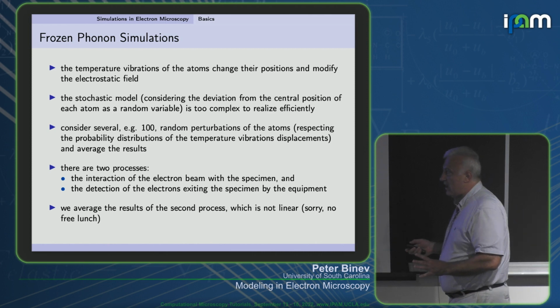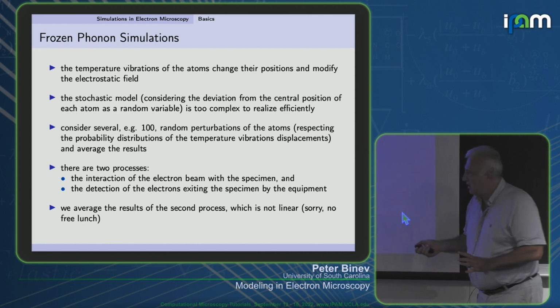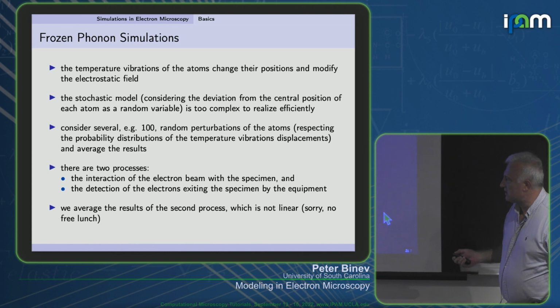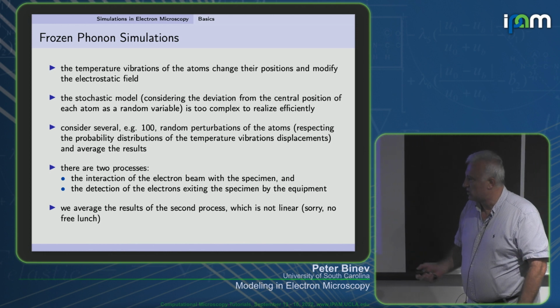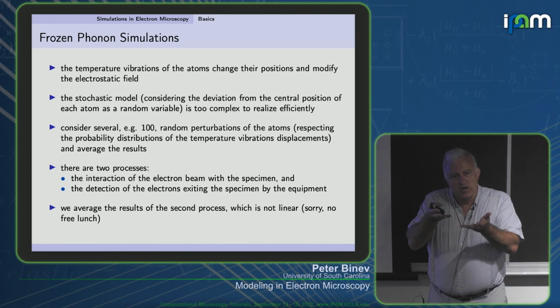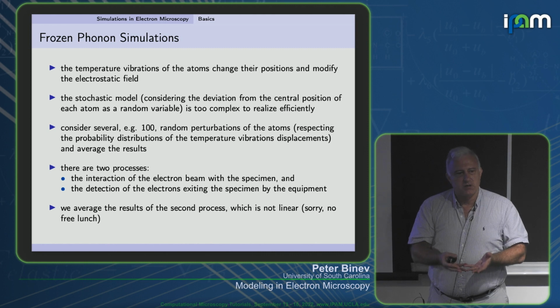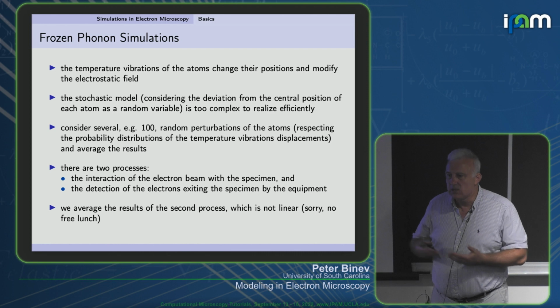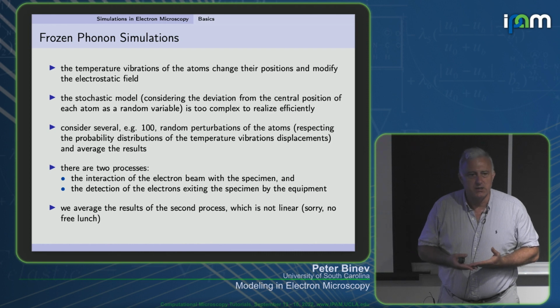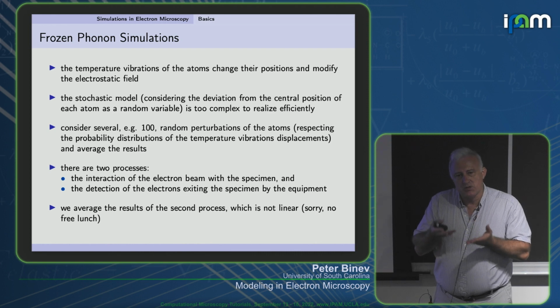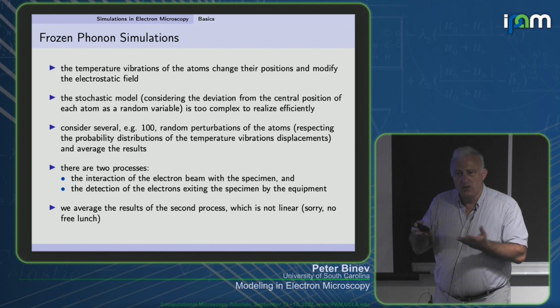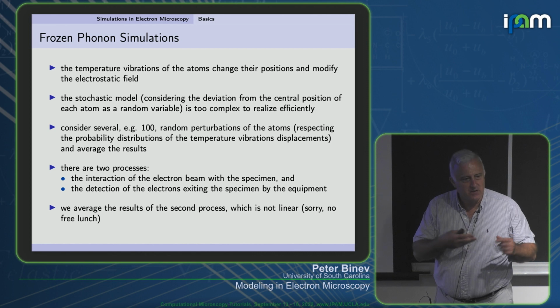The thing about the average is the following. While we are considering the first portion, the electron wave going through the material, this is a linear process, at least we simplify it to a linear one, and we can easily do linear combinations.